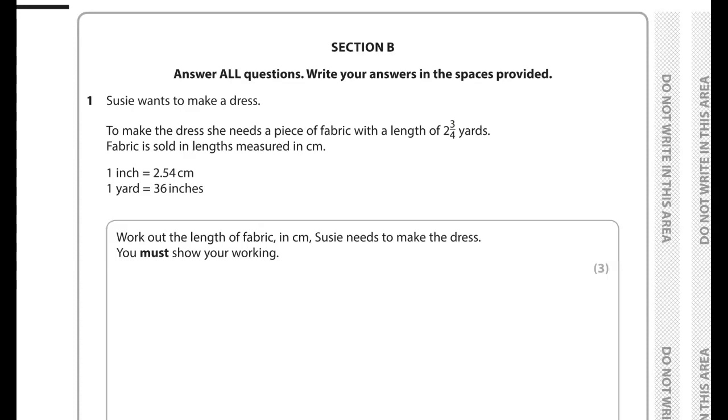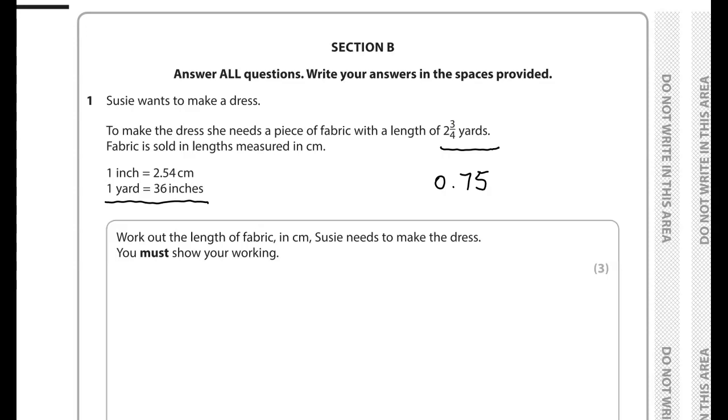So we've got this in yards. From yards, we're going to convert it to inches first, and then from inches into centimeters. So 2 3/4. We know that 3/4 is 0.75.